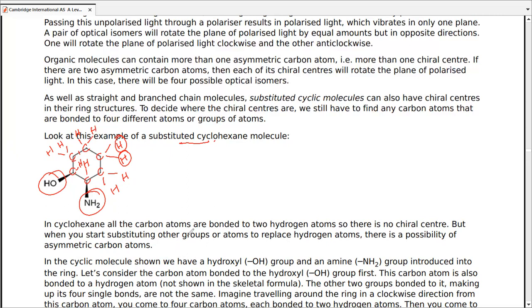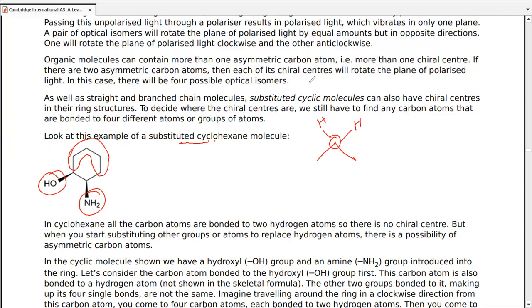Now, you can work with it in a very good way. If you have something like this, now I'm going to erase all of it. If you have something like this, this portion, you can always clearly understand that this carbon can never be chiral. Why? There are two atoms on this one which are the same.